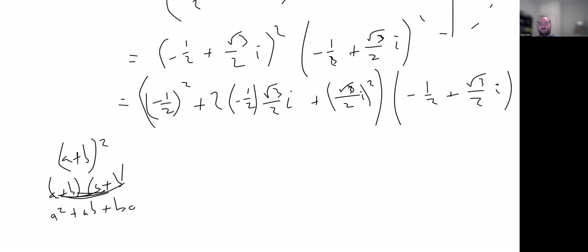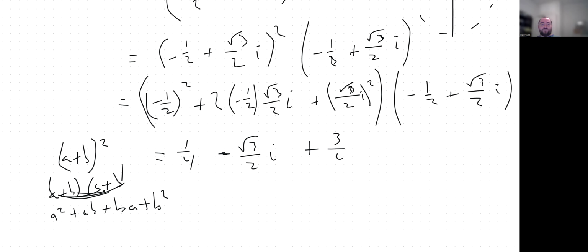Anyway, this is going to be 1/4 plus 2 times negative 1/2, so that's minus 1 times square root 3 over 2i, right? And then plus square root 3 over 2 squared, that's 3 over 4. And when we do i squared, that's negative 1, because i is the square root of negative 1.